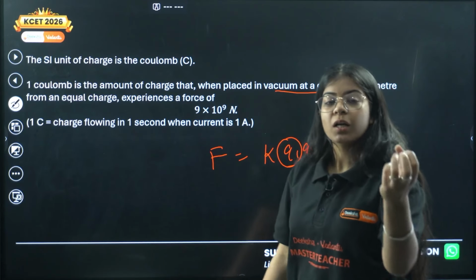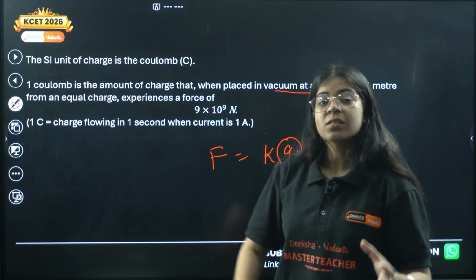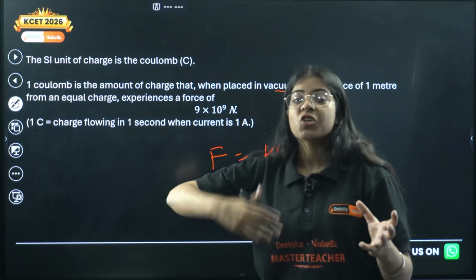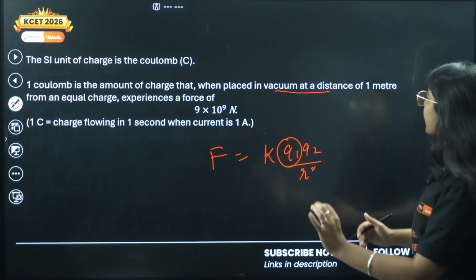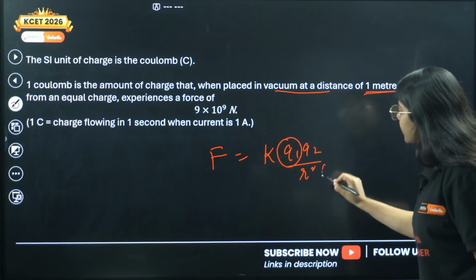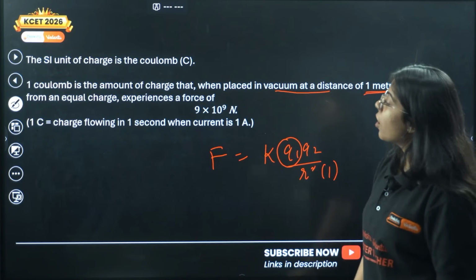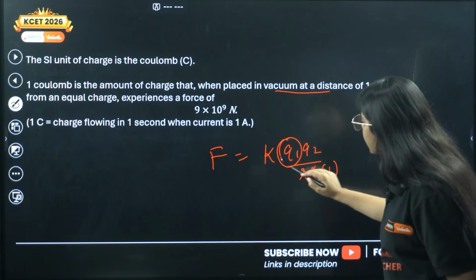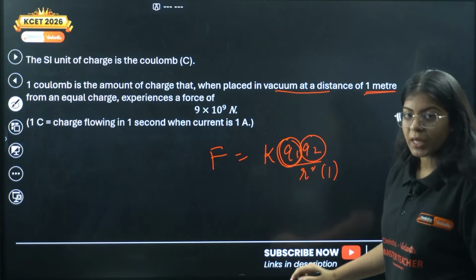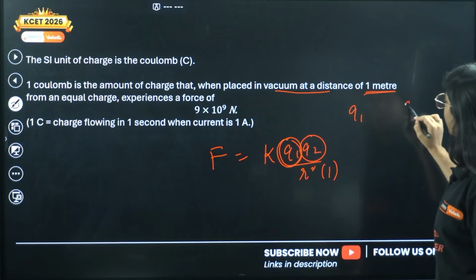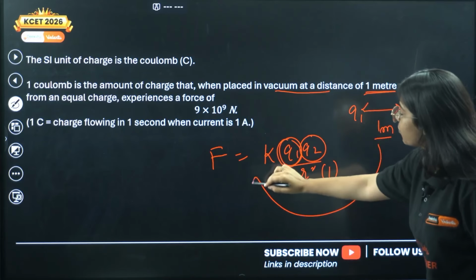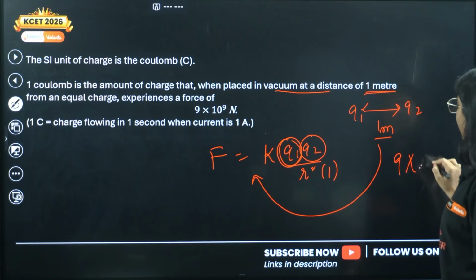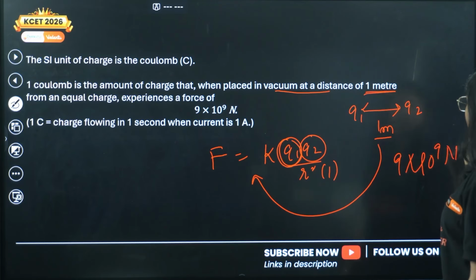Because we don't want other things like air, other particles and charges in our atmosphere to influence our system), at a distance of 1 meter from an equal charge, so these two charges are equal, and they are placed 1 meter apart, then they will experience a force which is 9 into 10 raised to power 9 Newton.